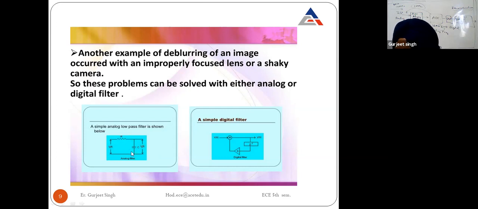We are using these components: RL type filter, RC type filter. But the digital filter is computer based, and here we are using the Z transformation concept to design this digital filter.